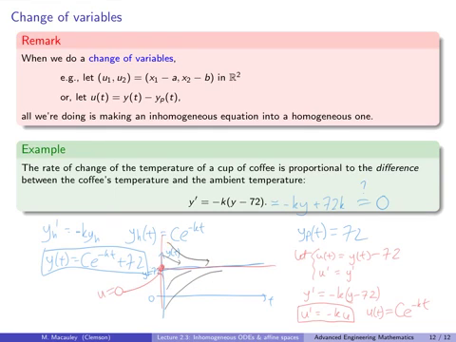So again, all we are doing is taking an inhomogeneous equation and making it into a homogeneous one. And we do that by changing variables, by redefining where the origin is. And we'll see this a lot more when we study partial differential equations in a few sections. So stay with us.